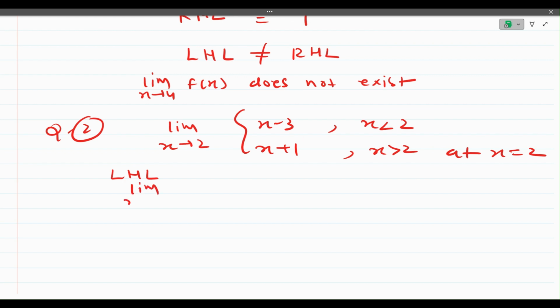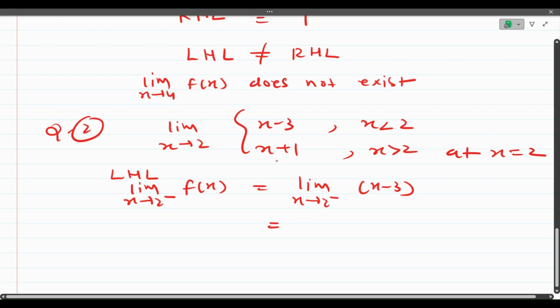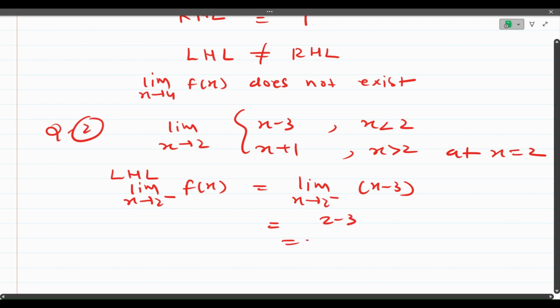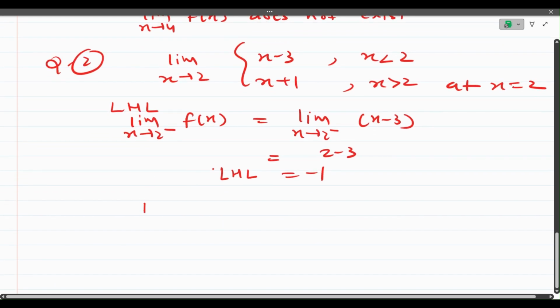So limit x tends to 2 from the left side of f of x is limit x tends to 2 from the left of x minus 3. See, this is not giving us any indeterminate form if we substitute the value. So we can just write 2 minus 3, which is negative 1. So its left hand limit is negative 1. And let's now evaluate the right hand limit, which is limit x tends to 2 from the positive side.